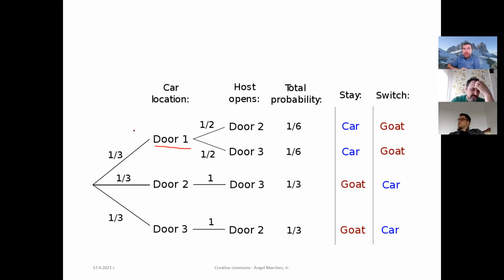So this is the car. Let me mark it somehow. Car, goat, and goat. The things that I'm putting in red are what the host knows. So let's assume that you have started by choosing door number 1, which is the car.